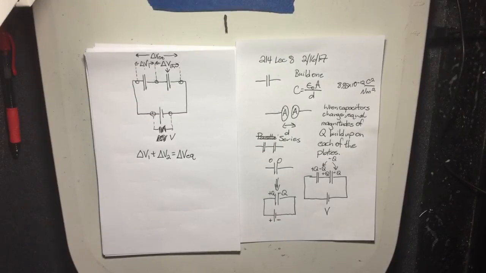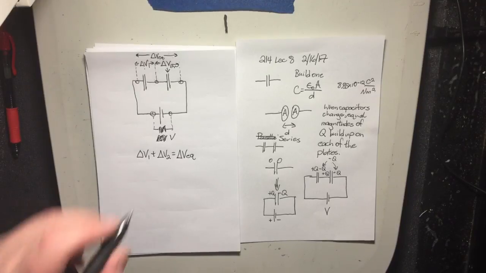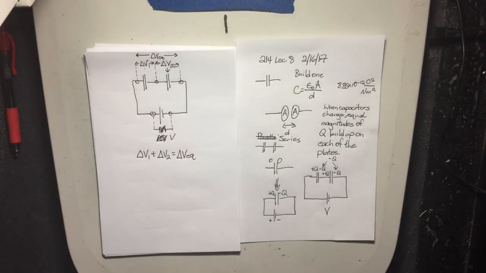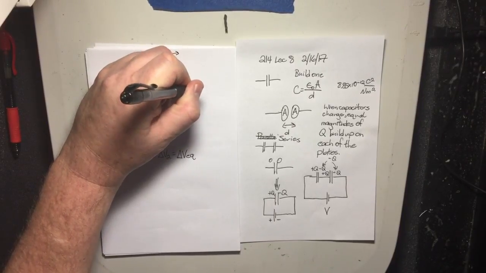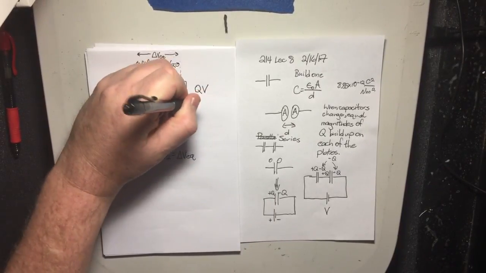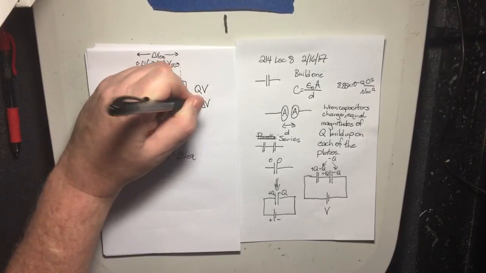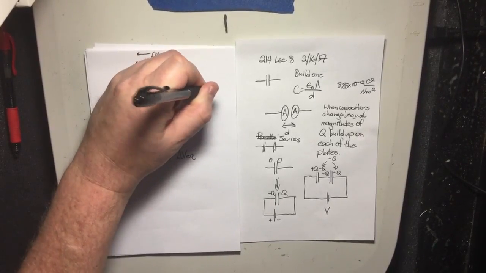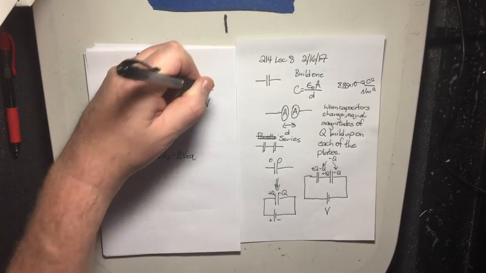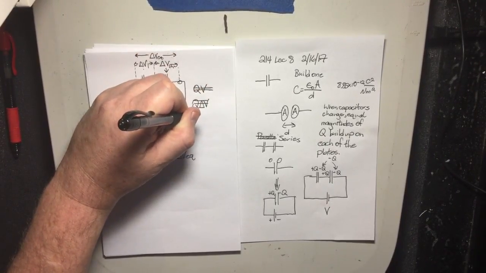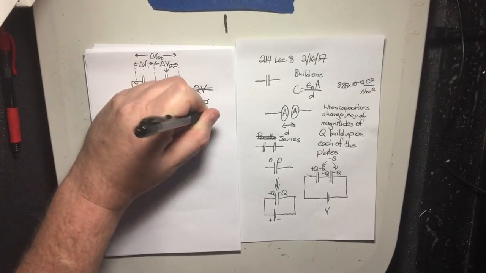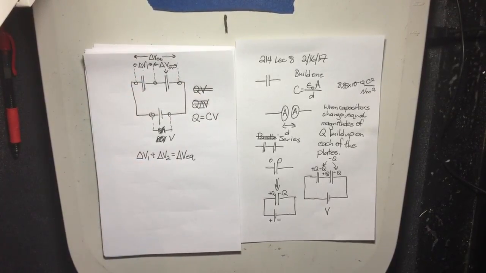Now for delta V1, delta V2, and delta V equivalent, there is a relationship that we have. Q is equal to CV, really Q delta V, these are interchangeable.